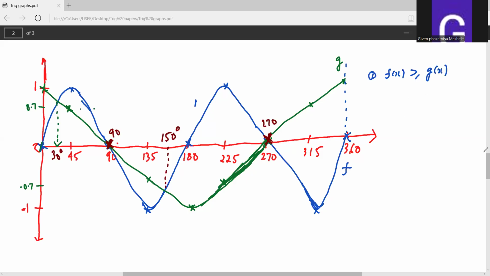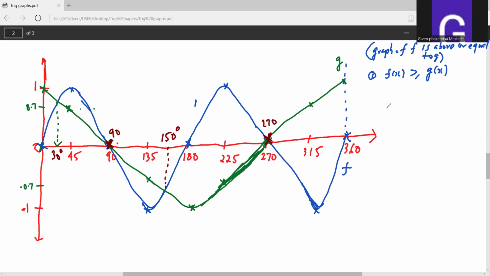What does this mean? We want to know the values of x where the graph of f is above, or equal, because there's an equal sign there, to g. So we need to read from the graph where f is above g or equals to g. Wherever f is above g or equals to g, that's where we want the answer.